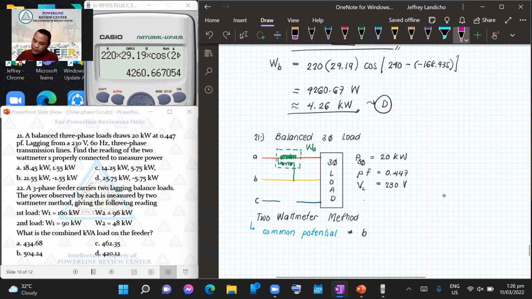In this case, the second wattmeter has its current coil at line C, and its potential coil is also connected to B, which is why it is called common potential. So you now have the second wattmeter. Let us consider this is wattmeter C, since it is connected to line C.